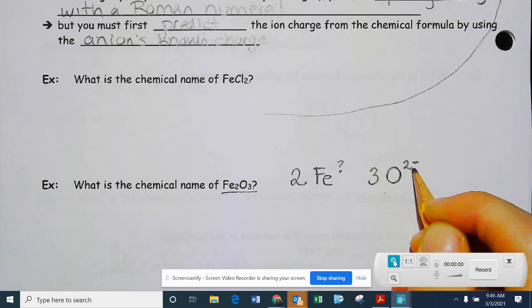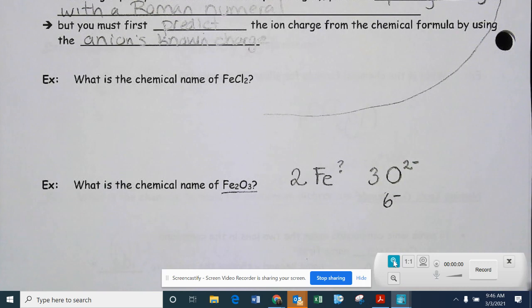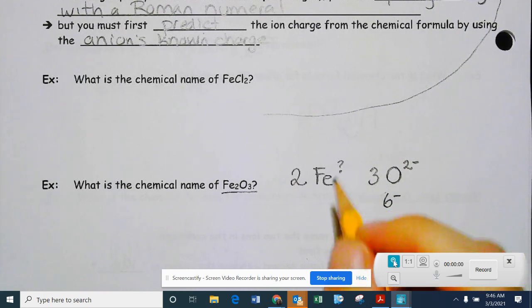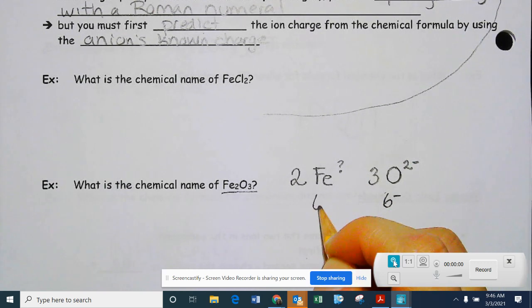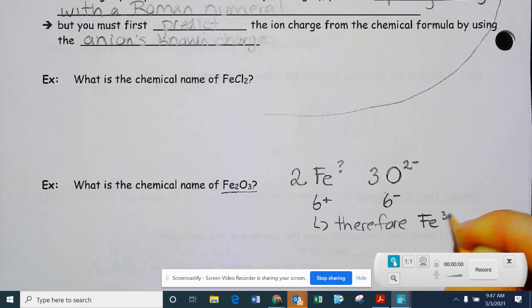Okay. So that means I have got, this is kind of another way to do this. I've got how many negative charges in total? 6 negative charges. Okay, good. Now I need to have 6 positive charges in order to balance that out. So if I've got 2 irons, they have to have the same charge. What does the charge on each one have to be? Yep. So therefore, Fe3 plus.